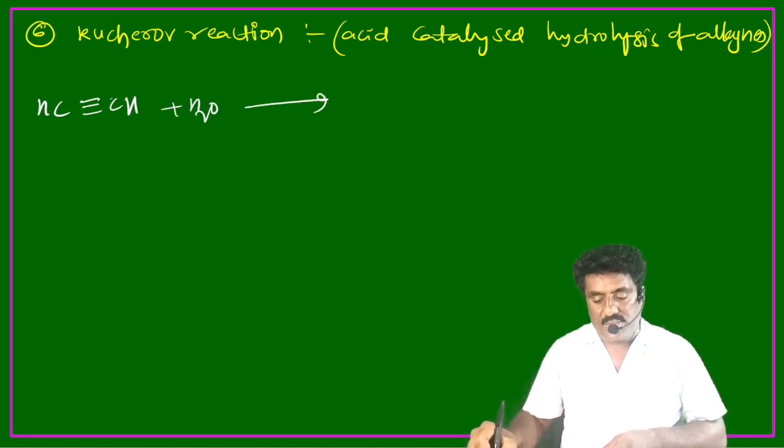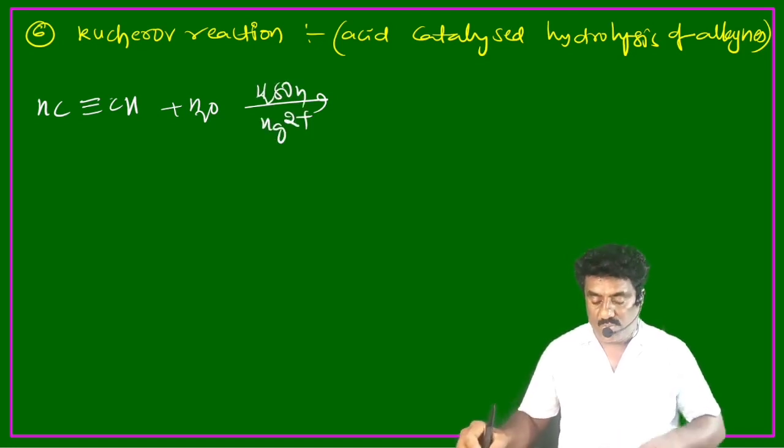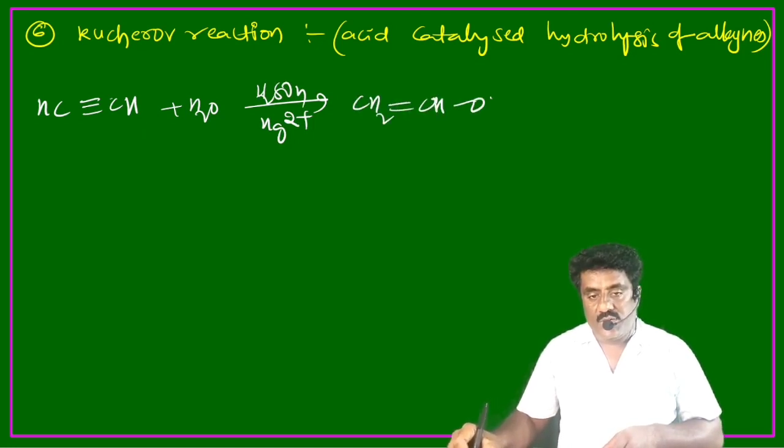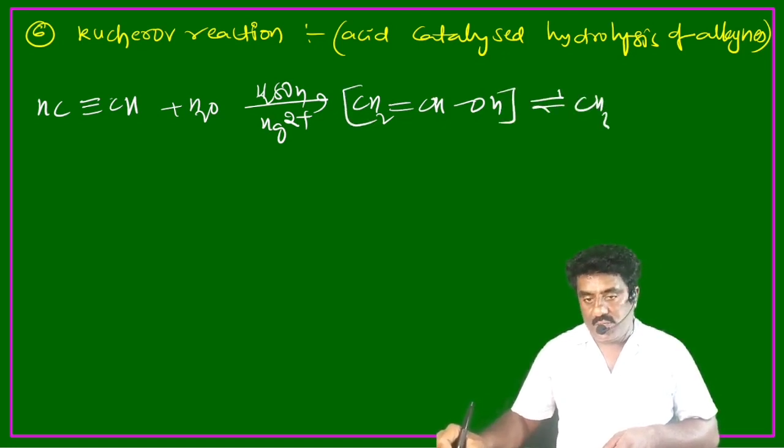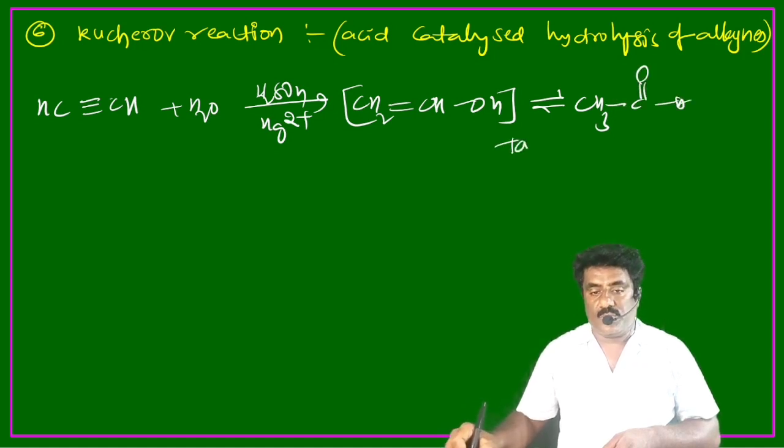H2O plus H2SO4 in presence of Hg2+. It gives what? Vinyl alcohol, CH2 double bond CHOH. It is tautomerized to form CH3 C double bond H. It is tautomerism.